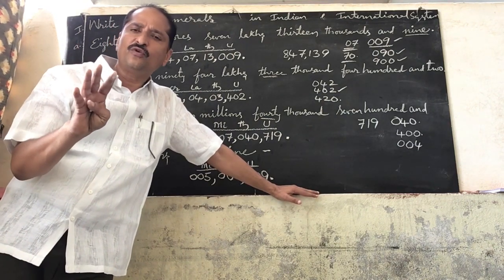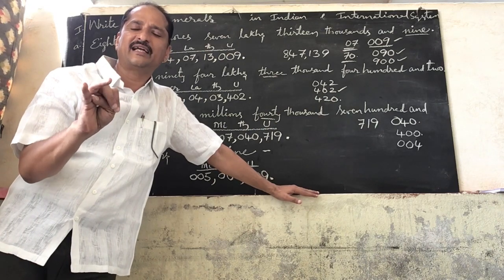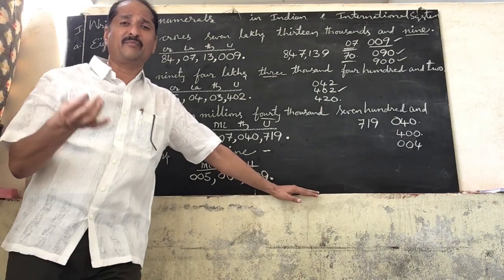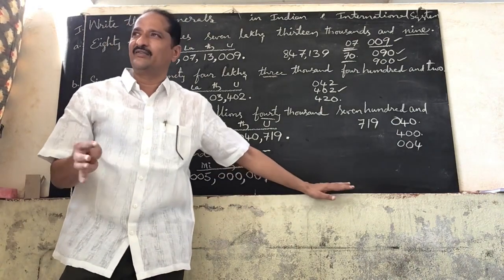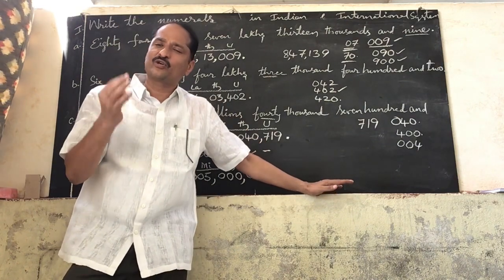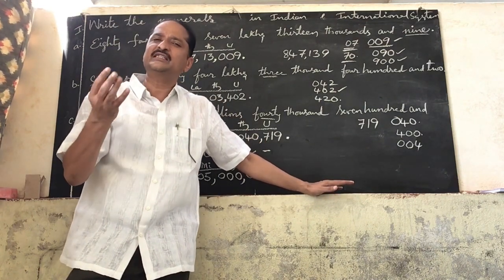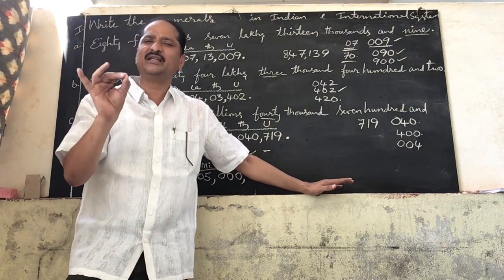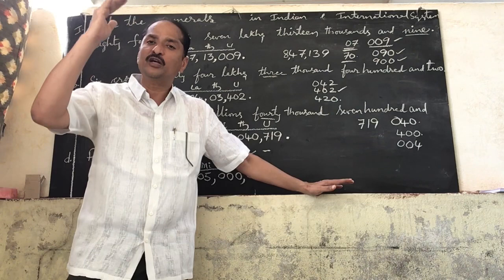Places will be useful only for classes first, second, third. From fourth and above classes, you have to remember only the periods. What are they? Units period, thousands period, lakhs period, crores period in the Indian system; units, thousands and millions in the international system of numeration. So if you remember these periods, top to bottom, bottom to top.